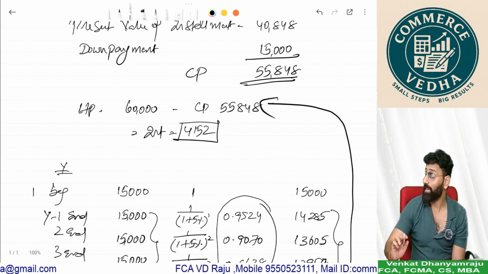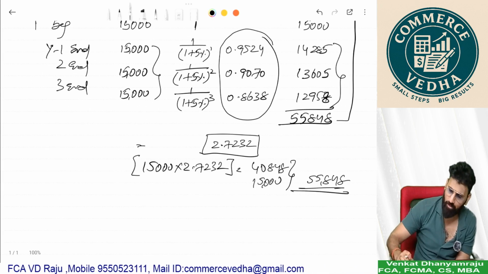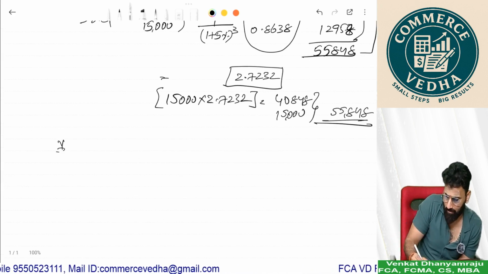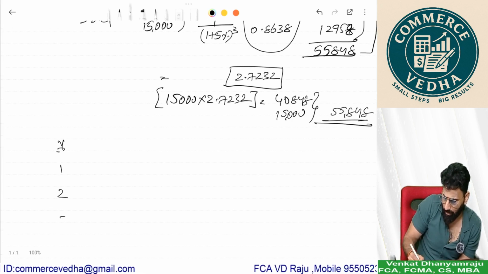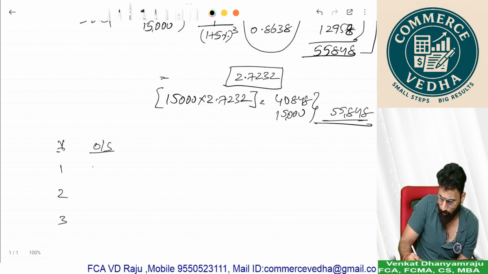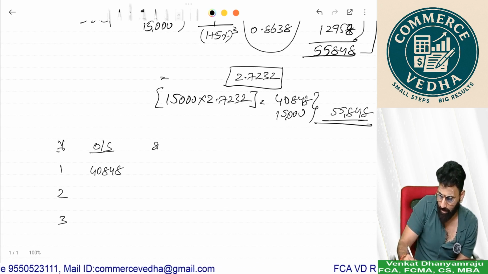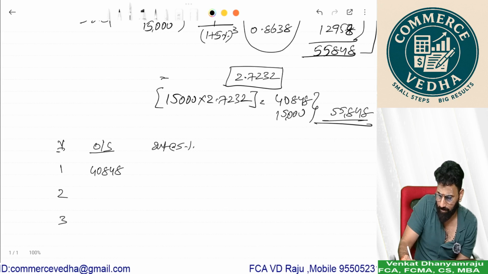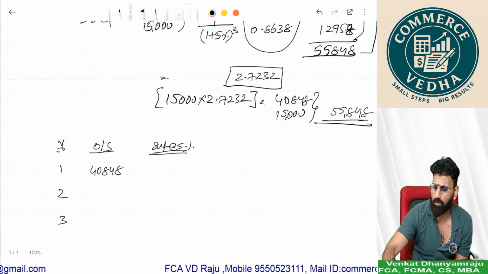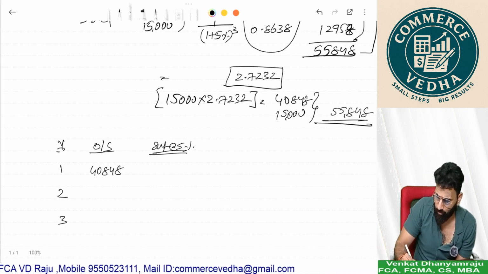If the question asks you to compute interest year after year, then you can do it simply for year 1, 2, 3. Outstanding principal is 40,848. Interest at 5%: 40,848 into 5% is 2,042.